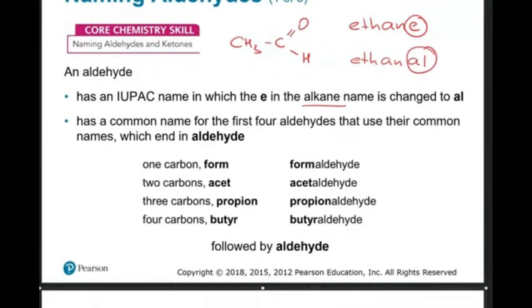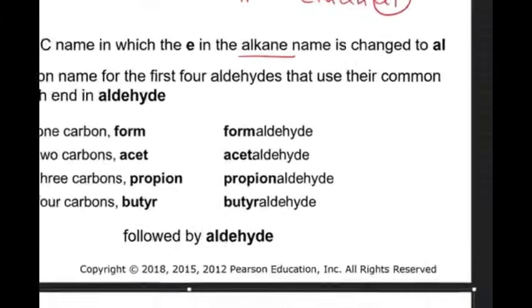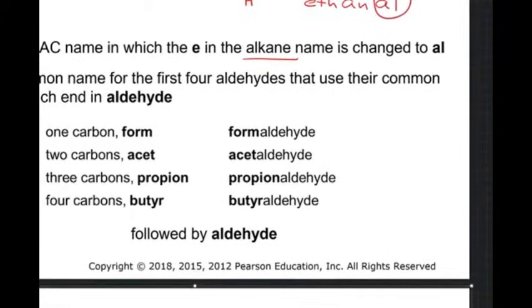For example, 1 carbon, formaldehyde, according to IUPAC, it will be methanal. 2 carbons, acetaldehyde or ethanal. 3 carbons, propionaldehyde or propanal.